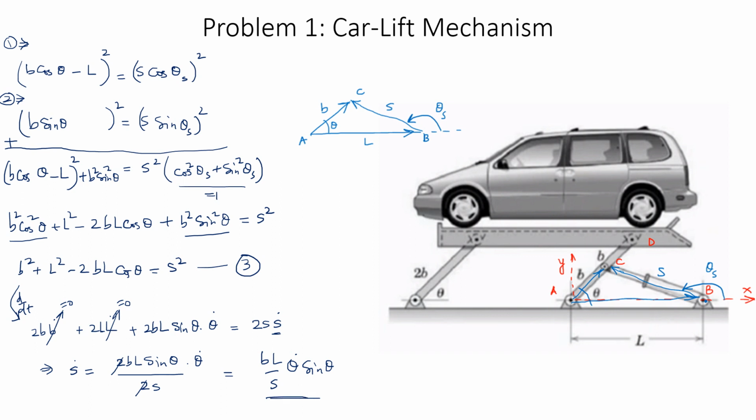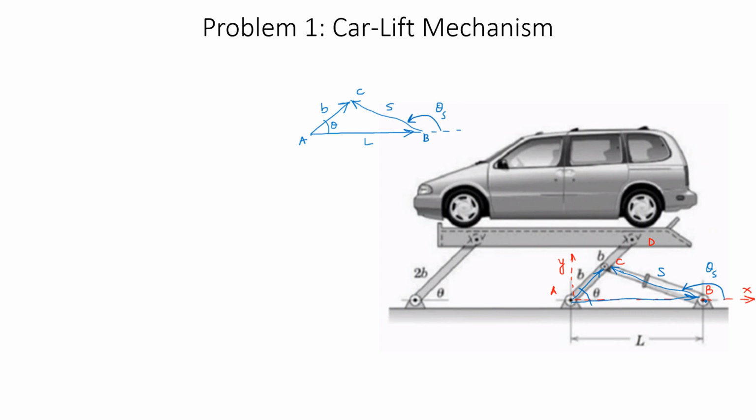This expression indicates how the length is changing with time, corresponding to the hydraulic actuator, identified with S dot. So S dot is an expression that I've already computed, equal to BL over S theta dot sine theta. I'll encapsulate it. So this is one of the expressions.